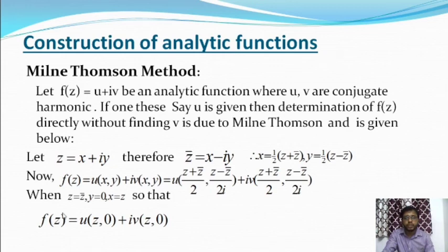Now we put z bar equal to z, that means y is equal to 0 and x is equal to z, so that f of z is equal to u of z comma 0 plus i into v of z comma 0.